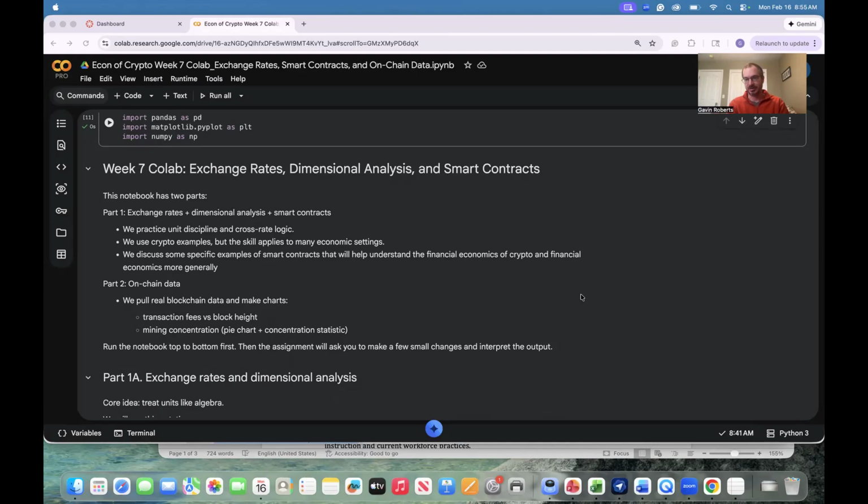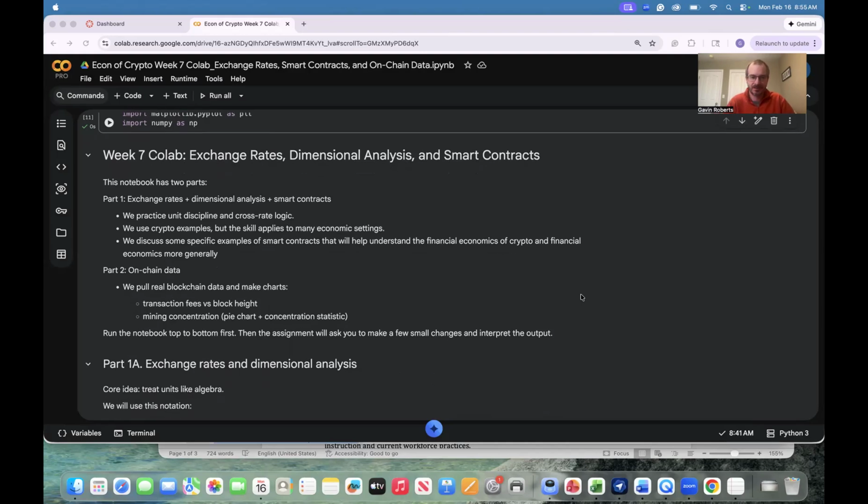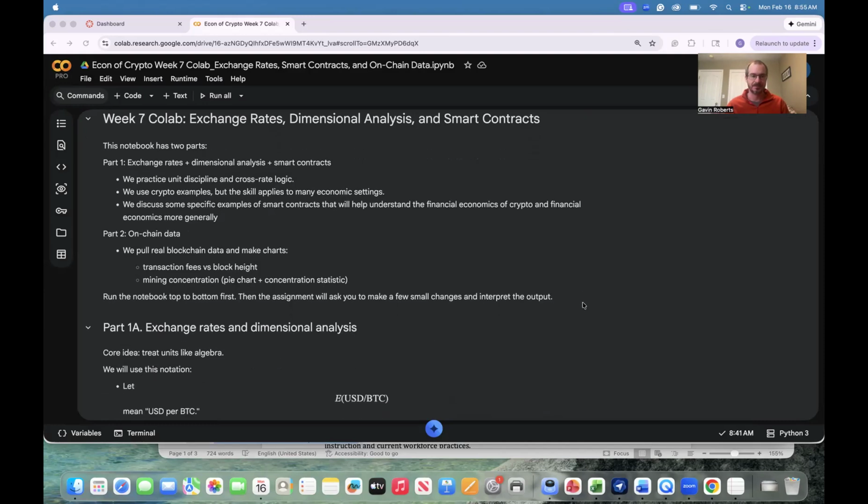We'll go into a couple of specific examples, because I think you can really learn about finance when we think about those types of contracts. We can learn about the finance of cryptocurrencies, but also financial economics in general, and I'll point to the connections to broader markets when we get into those examples.